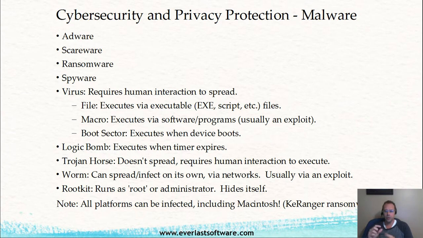A Trojan Horse embeds itself and acts like it's some real software when it's not. So it's just disguising itself. When it runs, then it does whatever the malicious person wants it to do, which is typically doing damage or stealing information. But it requires human intervention for this to happen. A Trojan horse doesn't spread, it doesn't copy itself.